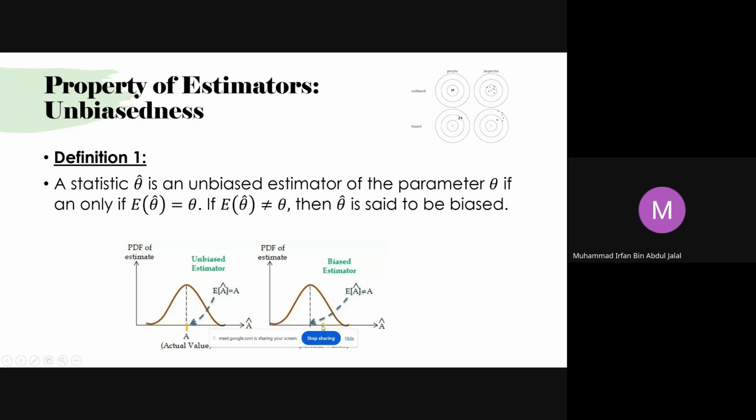So it always tends to overestimate the actual systolic blood pressure. Because of this, the sample mean in example A can be considered a biased estimator of the population mean. Okay.